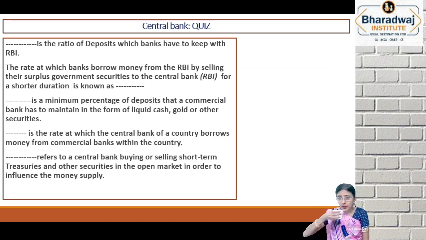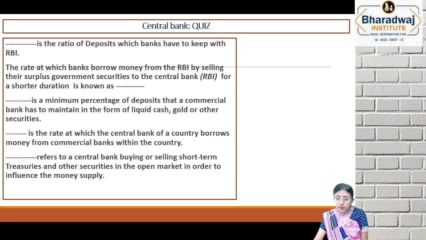That's the ratio of deposit which banks have kept with RBI. The rate at which a bank borrows money from RBI by selling their surplus government securities to the central bank for a shorter duration is known as. That's the minimum percentage of deposit that a commercial bank has to maintain in the form of liquid cash, gold, or other securities.